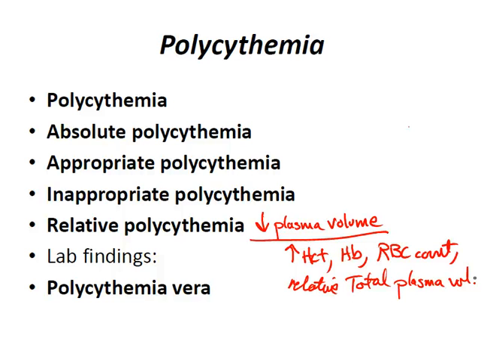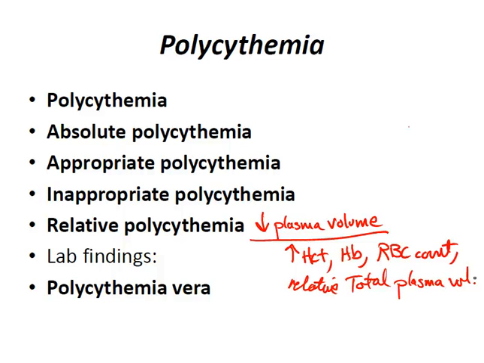So, of these four, relative, appropriate, inappropriate, and polycythemia rubra, when would the EPO be decreased? Polycythemia rubra. When would it be normal? In a relative polycythemia.